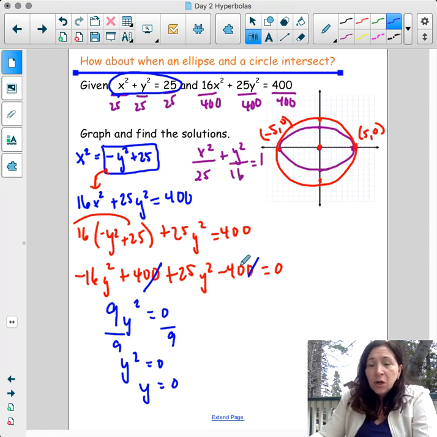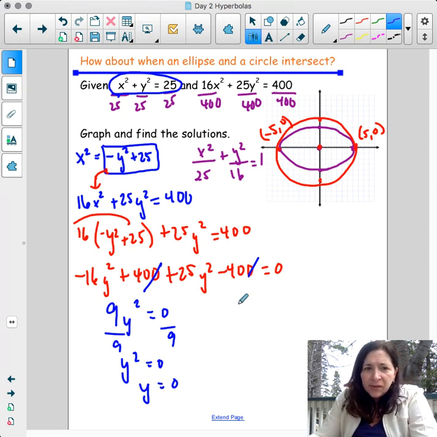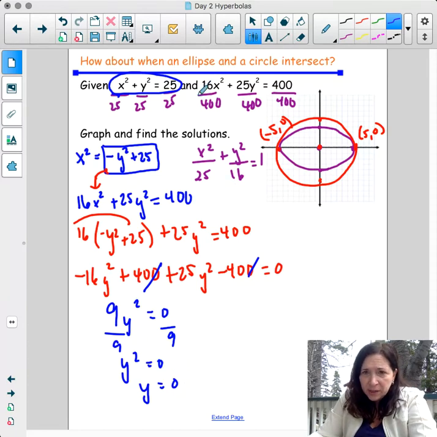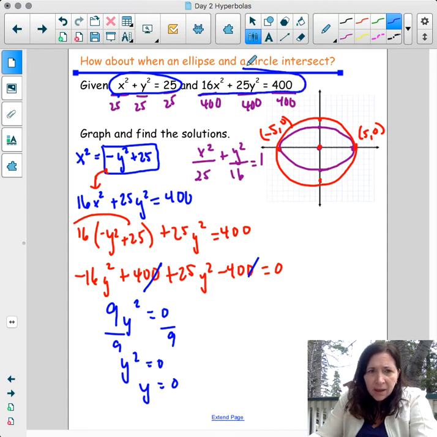y equals 0. So what I need to do now is I need to plug y equals 0 into the other equation. And so the other equation being this one right here, or actually this one right here, because I just used this equation right here. I just used this problem. So we're going to go back up to this equation right here.